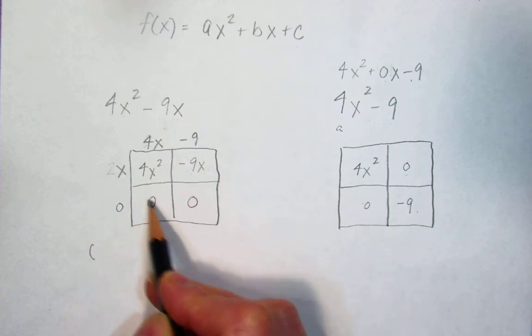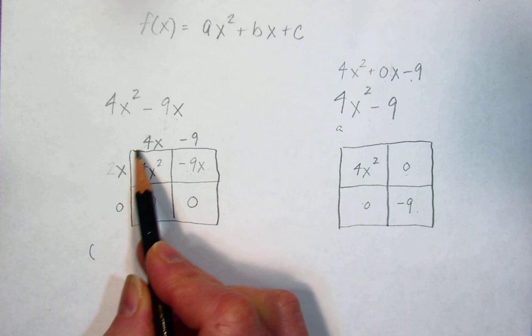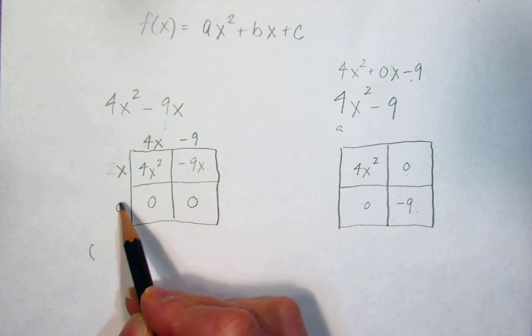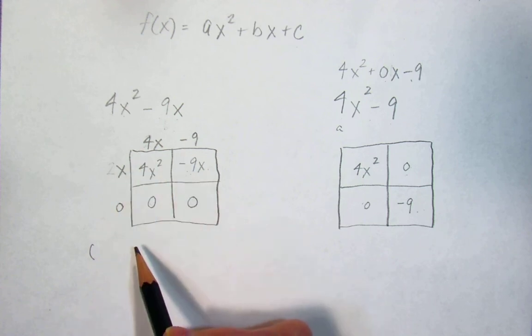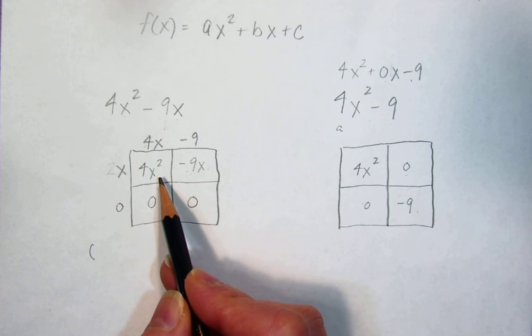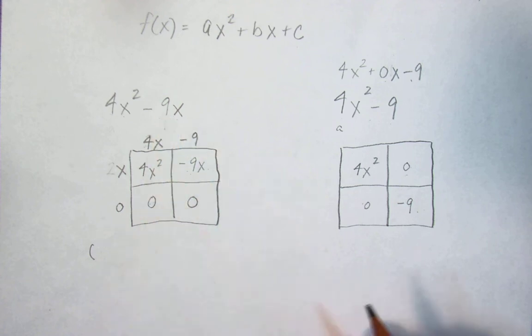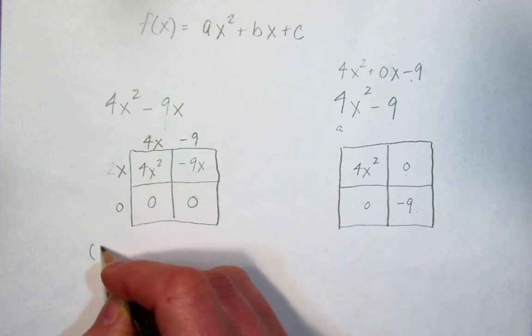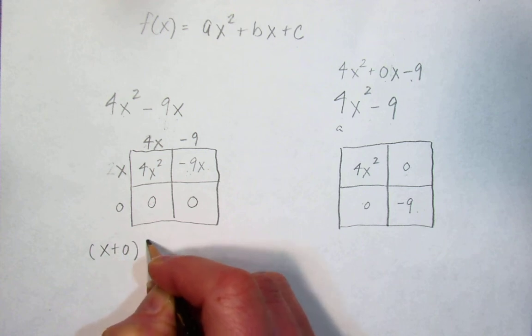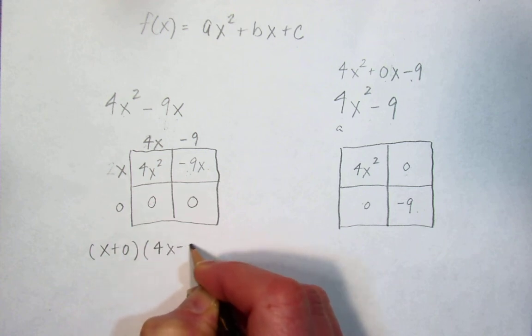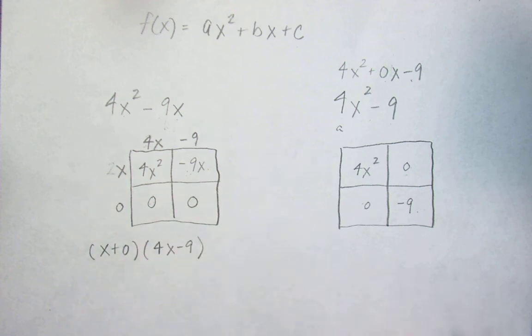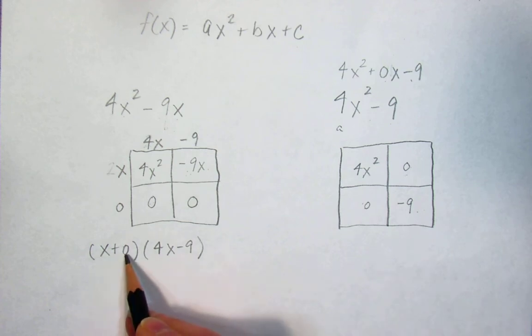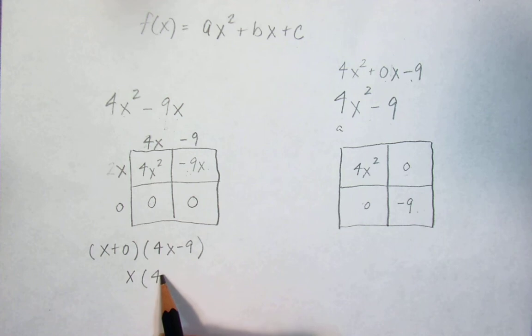And because what's inside makes sense with everything that's on the outside, they all multiply together to make these expressions, and that's equivalent to this. I know the factors are correct. So I would have x plus 0 and 4x minus 9. But nobody writes it like that because x plus 0 is really just x. And x is a monomial and doesn't need parentheses.